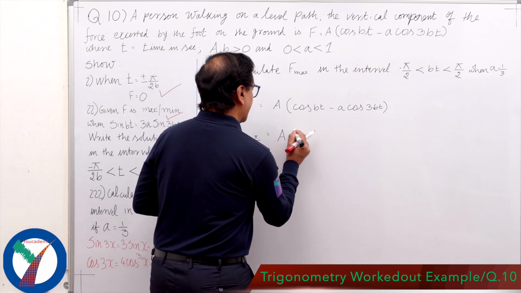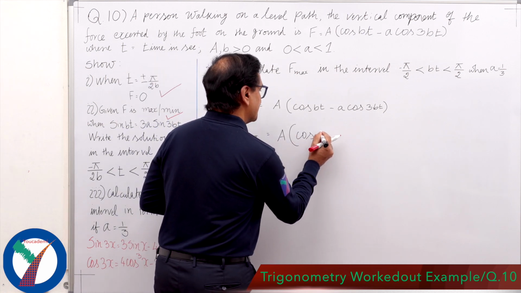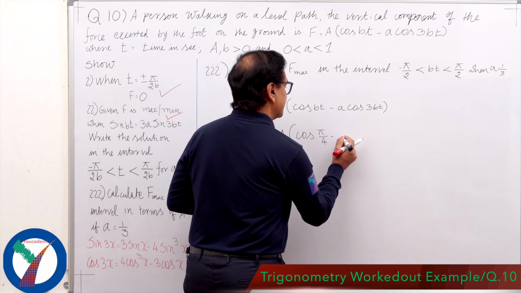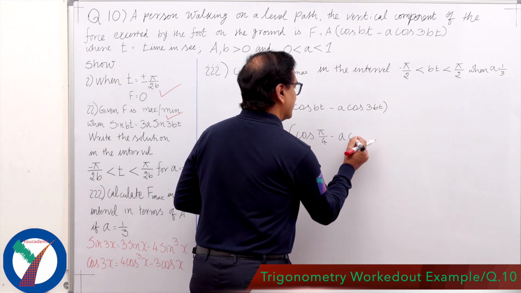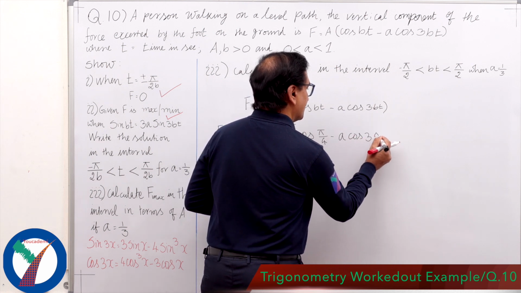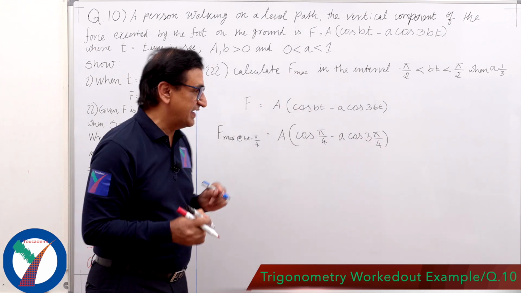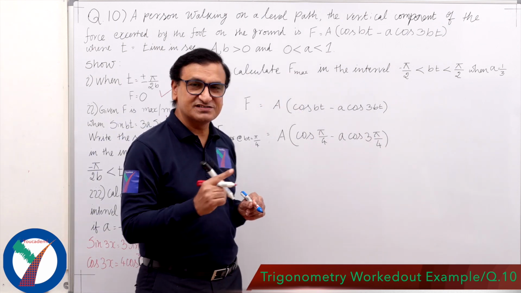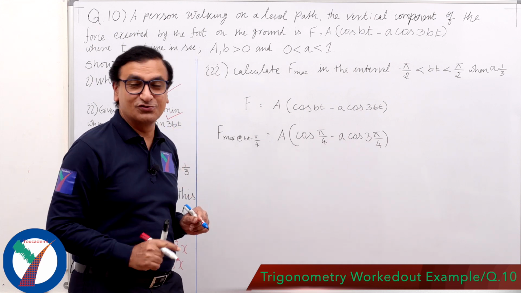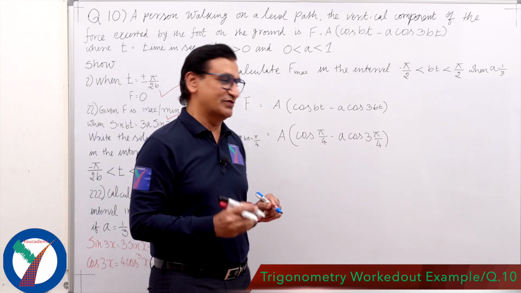So A multiplied by cos pi by 4 minus A cos 3 pi by 4. We know these values. Cos pi by 4 is 1 divided by square root of 2. Cos 3 pi by 4 is minus 1 divided by square root of 2.